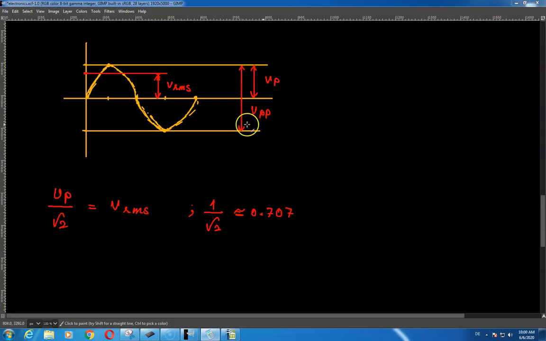If your frequency is 15 kilohertz, that means that you have 15,000 cycles per second, right?